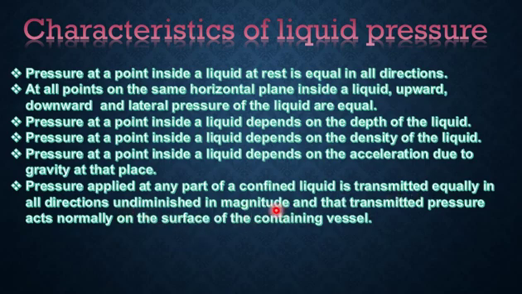Undiminished in magnitude means equally with the same magnitude in all directions, and that transmitted pressure acts normally on the surface of the containing vessel. Normally means perpendicularly, means the pressure which is transmitted acts perpendicularly on the surface of the containing vessel.